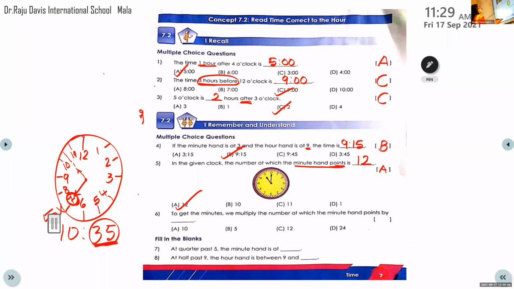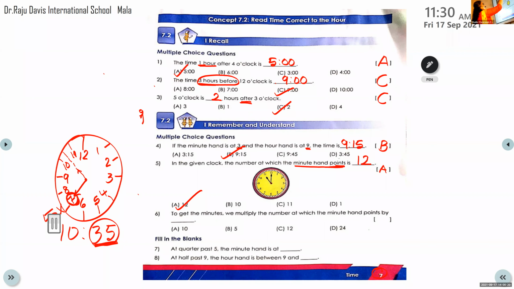Look at the options, my dear. I am asking the question. What you are looking over there, Ramin? Which is the correct option? 10:35. I am asking for the sixth question, which is the correct option. What you told is correct. He is somewhere else.